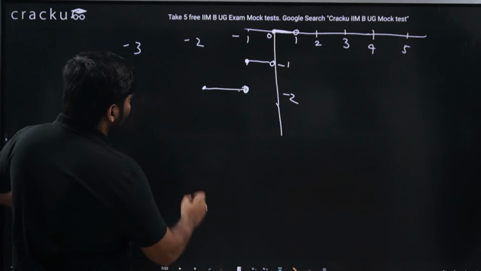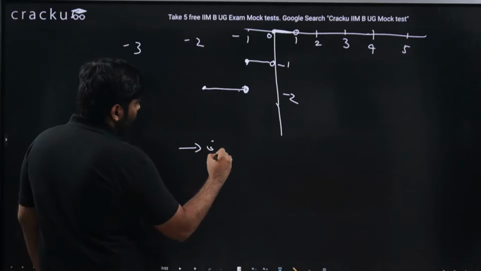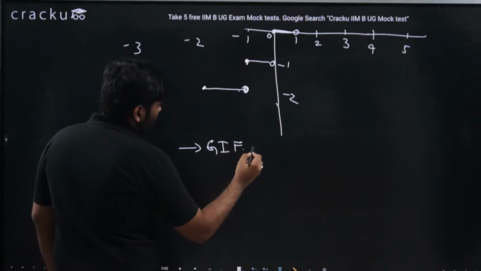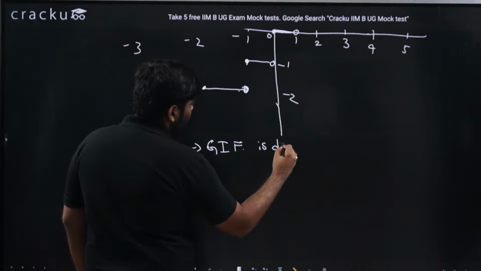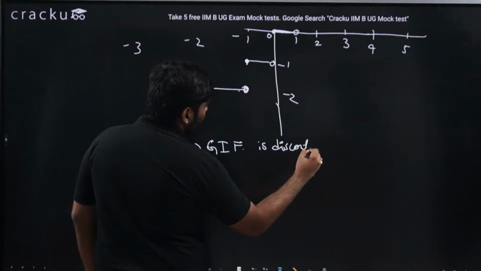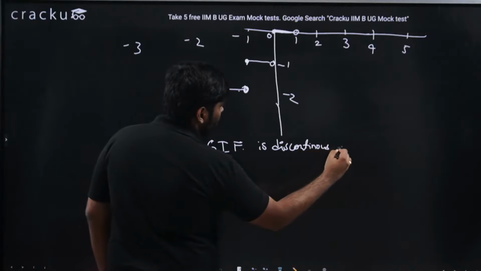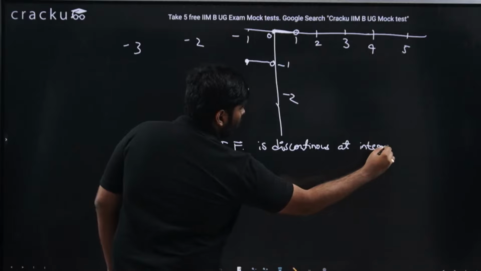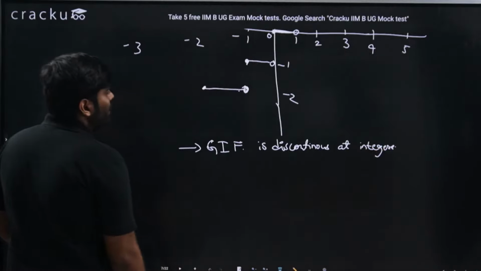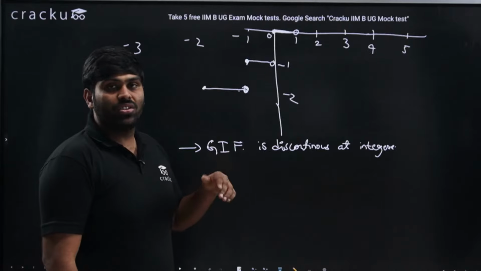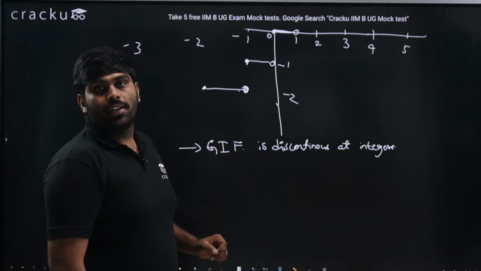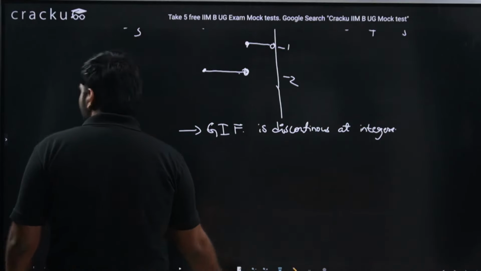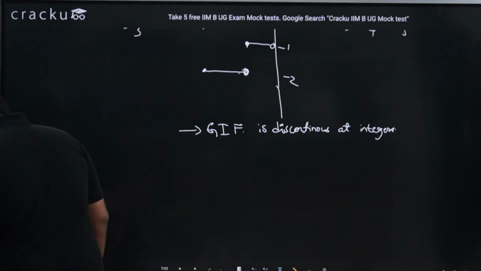I could say this implies the greatest integer function, GIF, is discontinuous at integers. Whereas this has to be a continuous function for any number which is not an integer on the real number scale.